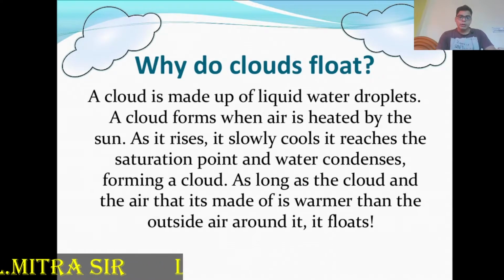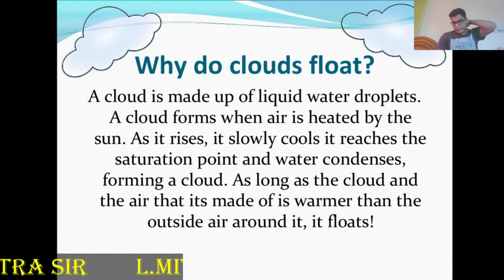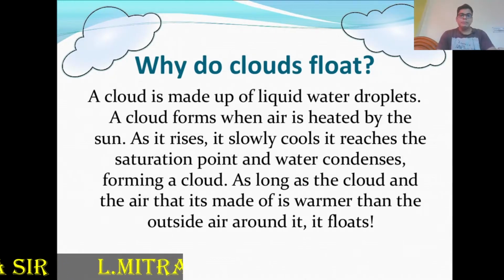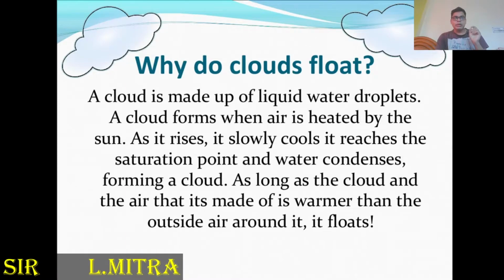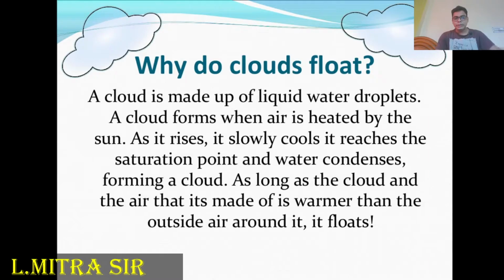A cloud forms when air is heated by the sun and rises, because when water is converted into water vapor, its weight becomes very less. It slowly cools, reaches the saturation point, and the water condenses, forming a cloud.